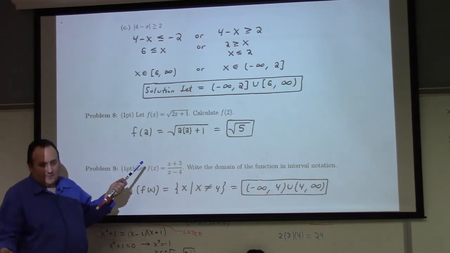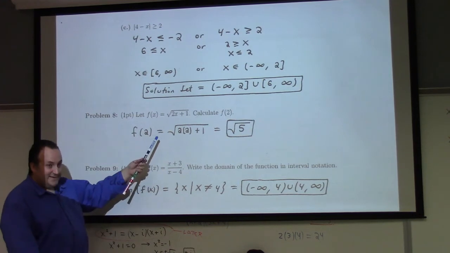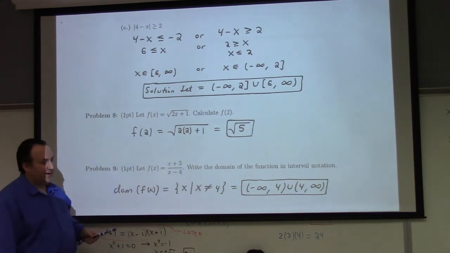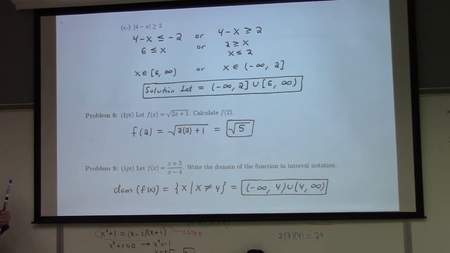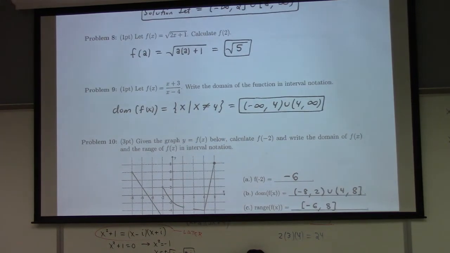If you got the completing the square problem wrong, you might have some things to work out, right? But this is easy to fix, right? So function evaluation, we just plug the number in and do the math. And there are people who were looking at like f of x equal to 0 or something weird here. I mean, I don't know.